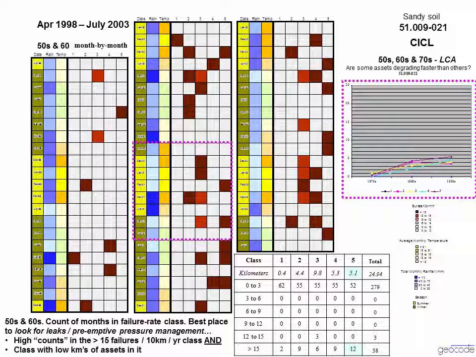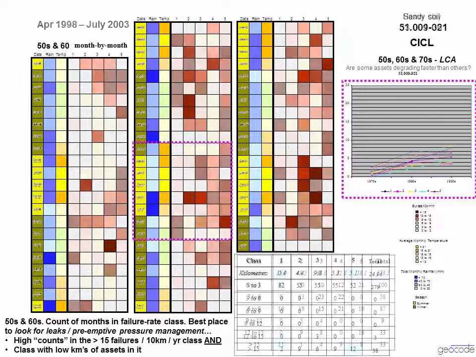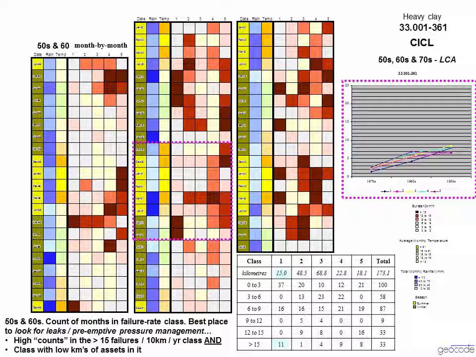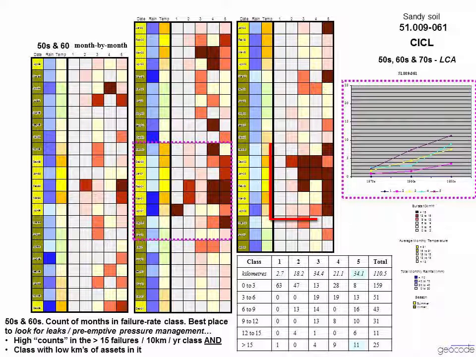So we're looking at the cast iron assets in this terrain pattern 51.009-021. So let's move from the best performing to the worst performing again. We can see, like in this slide here, there's a bunch of months where terrain units 3, 4 and 5 have a fair bit of stuff going on in them.